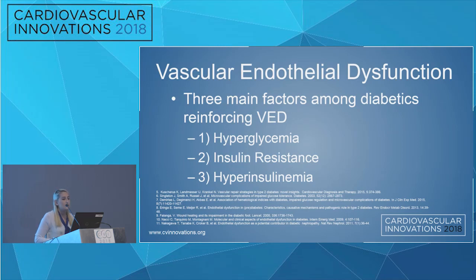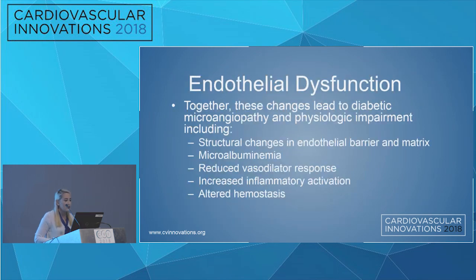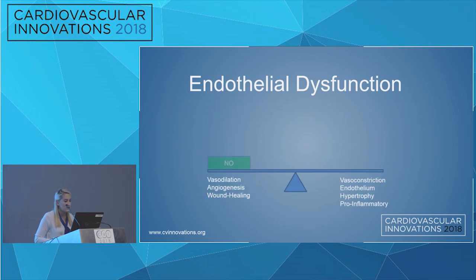The three main factors, which I'm not going to get into in detail, include hyperglycemia, insulin resistance, and hyperinsulinemia. Together, these can lead to diabetic microangiopathy, structural changes in endothelial barrier matrix, microalbuminemia, reduced vasodilator response, altered hemostasis, and increased inflammatory activation. So again, NO, vasodilation, angiogenesis, wound healing.